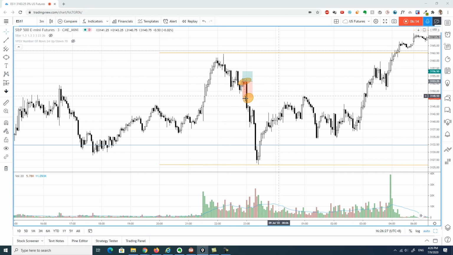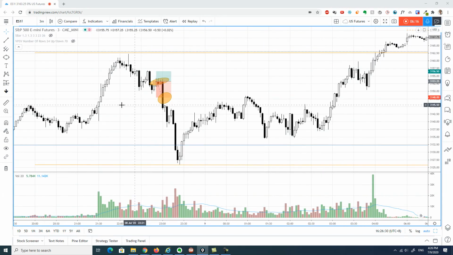What's even better is if you pay attention to these two bars here. This is the bar with this volume. We have a big bearish bar here, and the second bar, with a bit of a demand tail, comes with a higher level of supply.